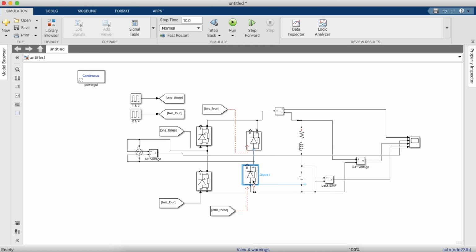And we'll remove the unnecessary connections so that no one gets confused. Let's run the simulation.